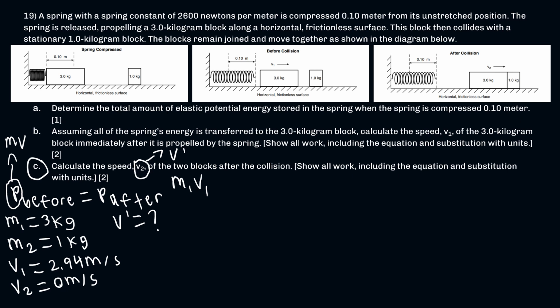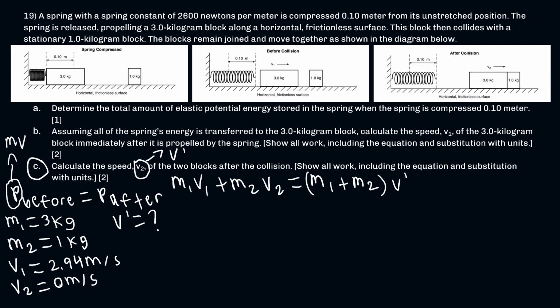So M1 V1 plus M2 V2 is then equal to, after the collision, the two blocks will end up sticking together. So essentially I have one momentum after the collision. So I just have M1 plus M2. That's going to be my one mass times my new velocity V prime.